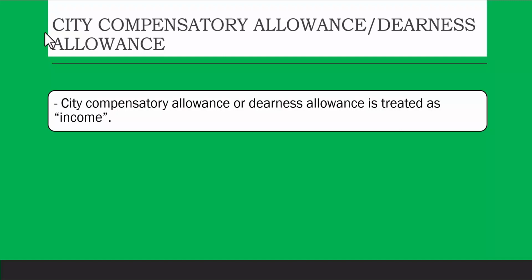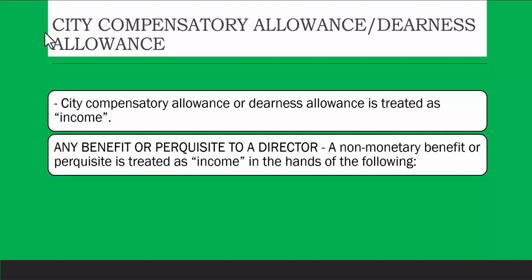It was in a place called Ashti, which is a very remote place in India, in district Chandrapur, Maharashtra. So the company said, okay, if we transfer you to this place, we'll give you 5,000 rupees extra salary. So that city compensatory allowance, or even a DA allowance, is treated as income, and you have to pay tax on that.